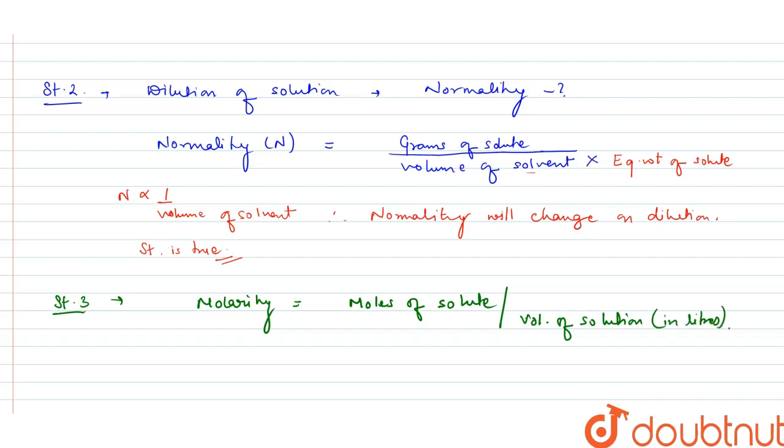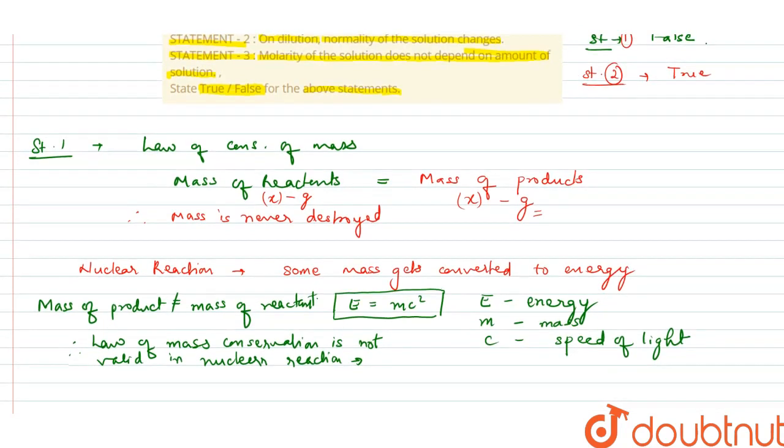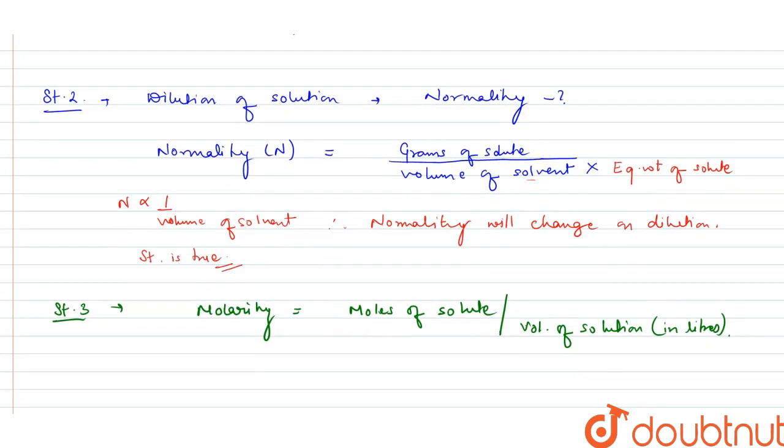Now our statement says that molarity of solution does not depend on the amount of solution. We can clearly see that the volume of solution is included in the formula of molarity, that is, molarity is inversely proportional to the volume of solution. If the volume of solution decreases, molarity will increase, and if the volume increases, molarity will decrease.